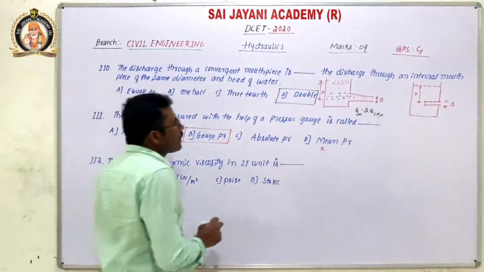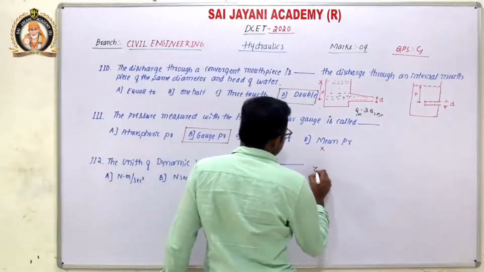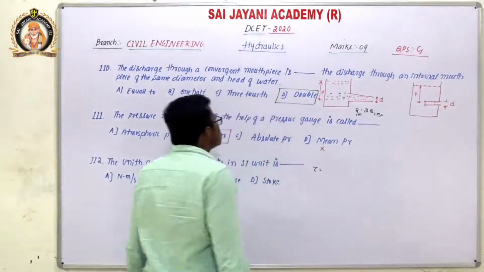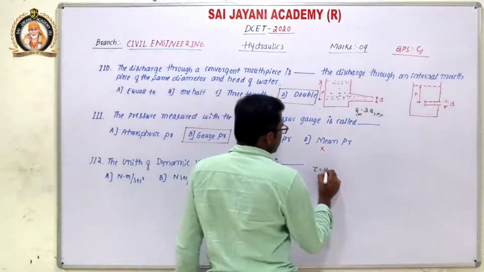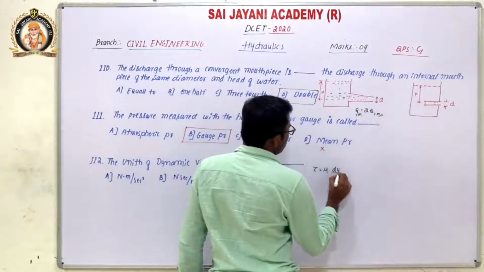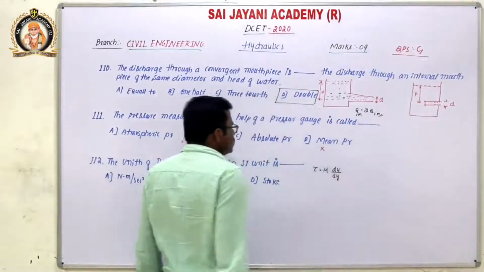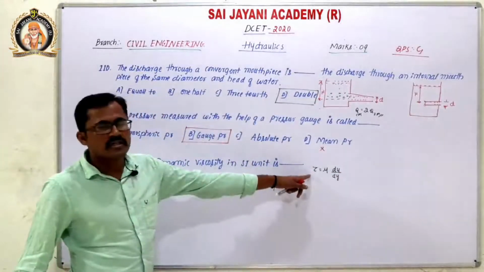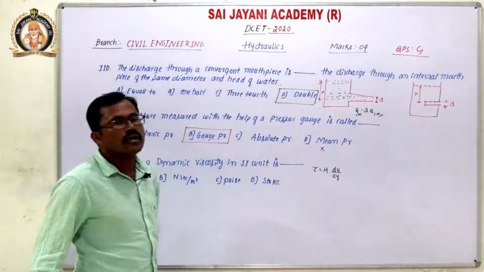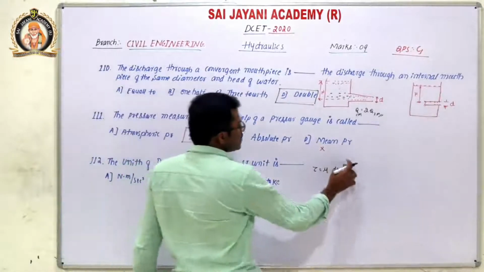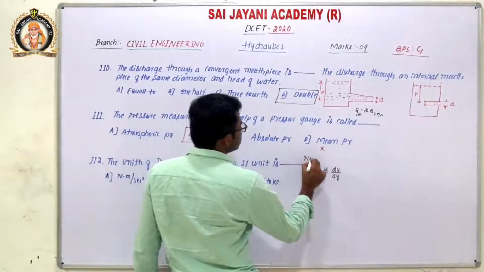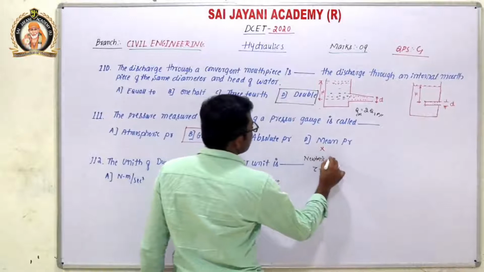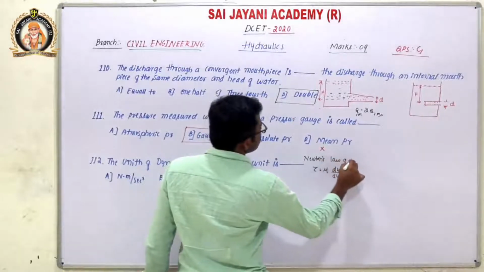So we know that shear stress, or Newton's law of viscosity, is given by tau is equal to mu du by dy, where tau is the shear stress, mu is the dynamic viscosity, du is the change in velocity, dy is the change in thickness. So this is the Newton's law of viscosity.